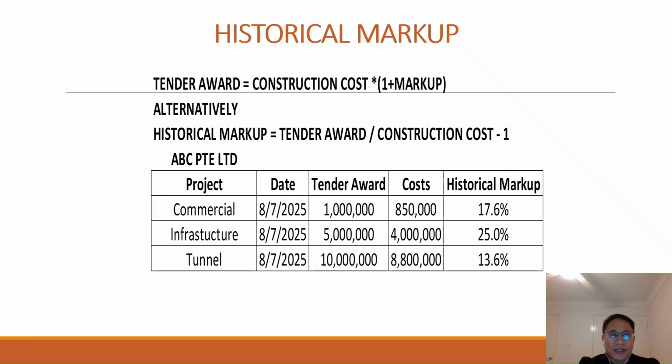So in that case, we will replace the tender revenue with the tender awards and still use the same formula: construction cost times 1 plus markup.